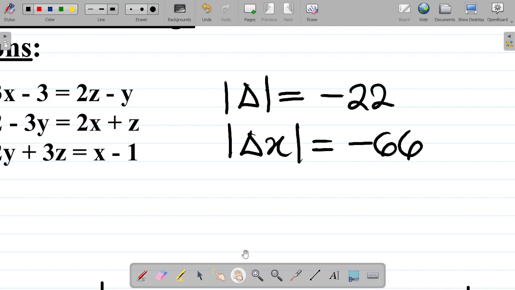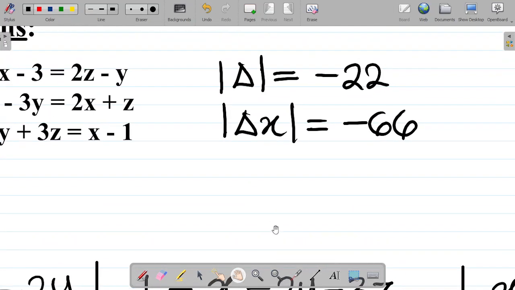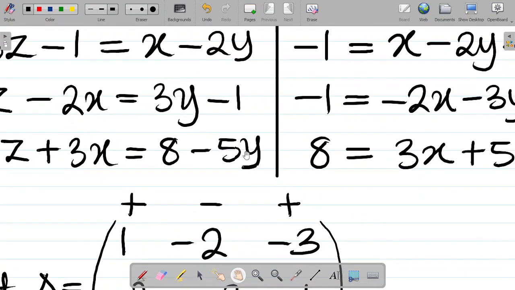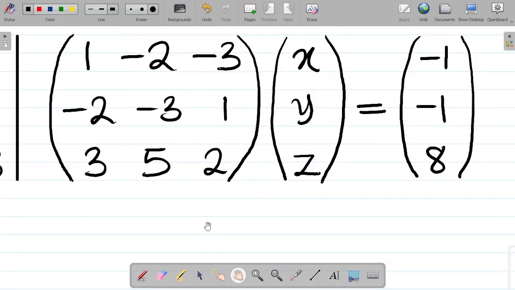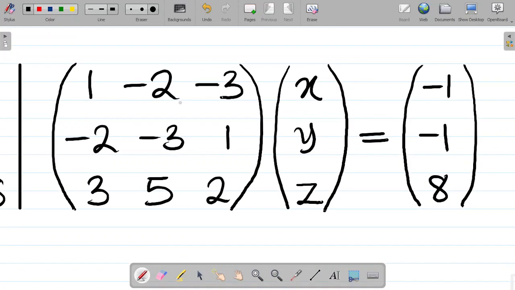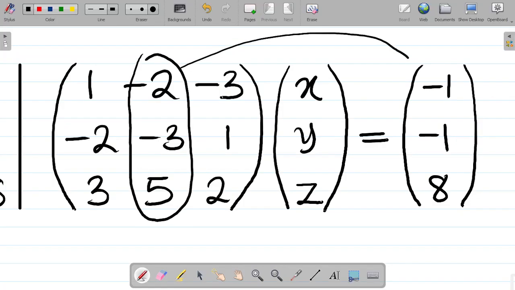All right, let's find lambda y as well as lambda z. Okay, so I'll just take these ones off. Now to get the value of lambda y, all you have to do is replace the second column. Now we said for lambda x, replace the first column. For lambda y, replace the second column with the value of your answer matrix.